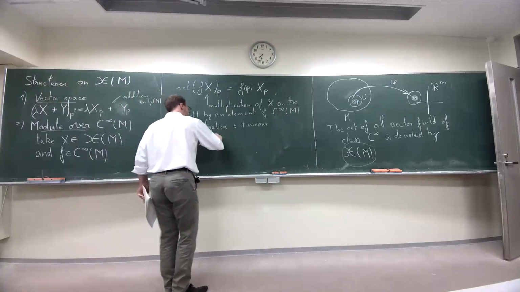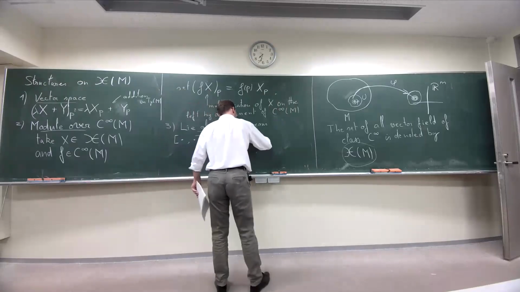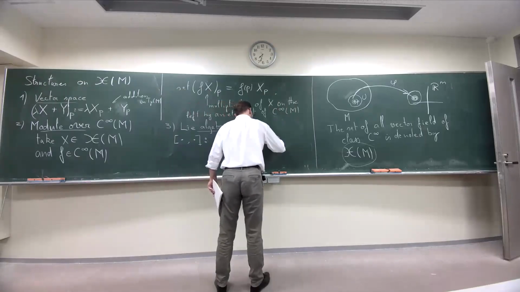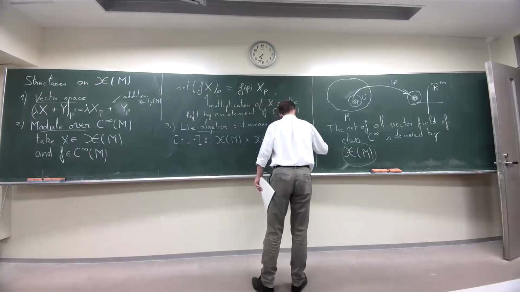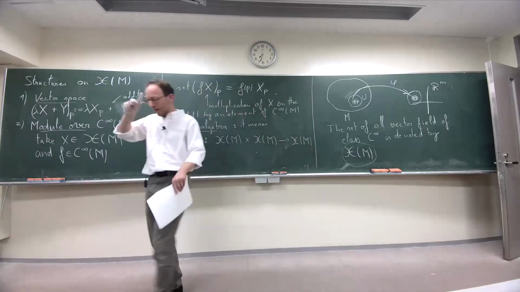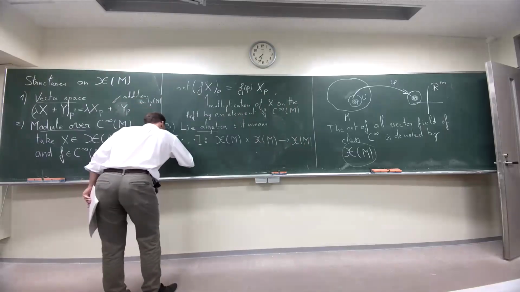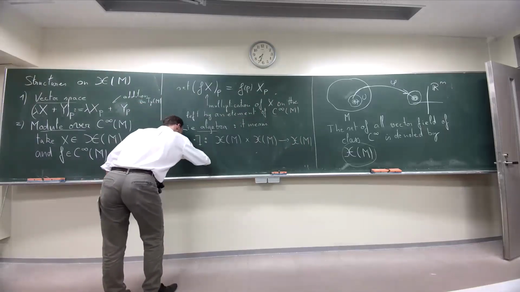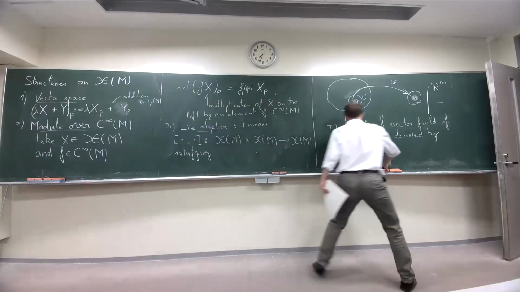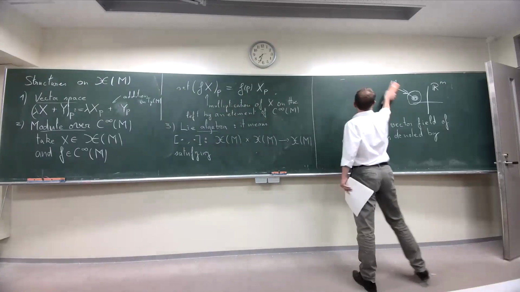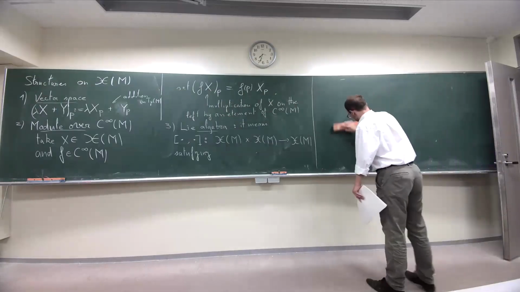It's a function which takes two elements, so two vector fields, and associates a new one, satisfying some relations. There are three. I just give you the abstract definition of a Lie algebra, and then I tell you what this is in this case.